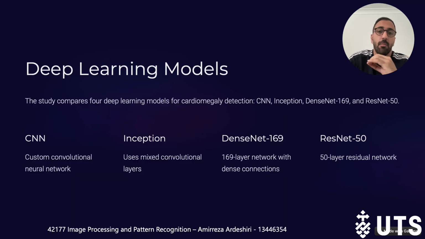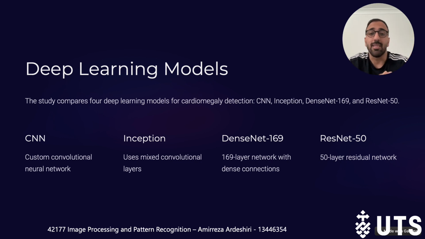Let's go over the models in more detail. They use a custom CNN for baseline comparison. The Inception model, known for its multi-scale feature extraction, achieved high performance but was slightly less accurate than DenseNet 169 and ResNet 50.